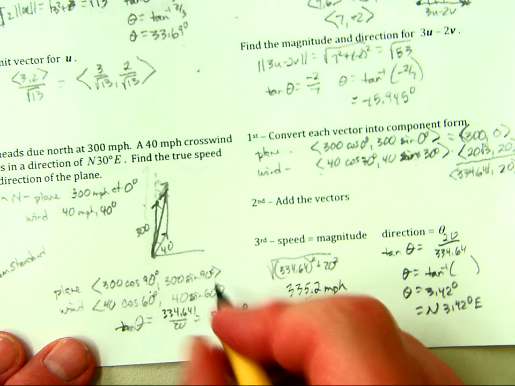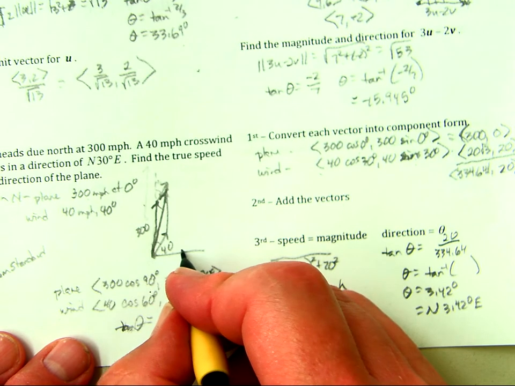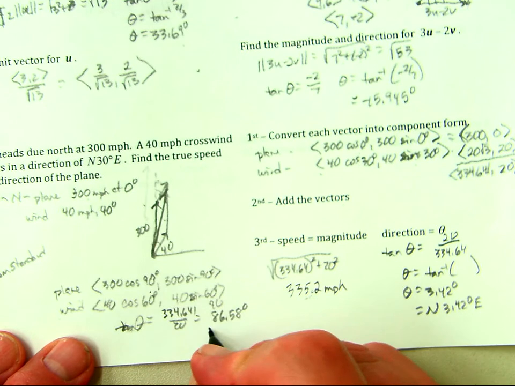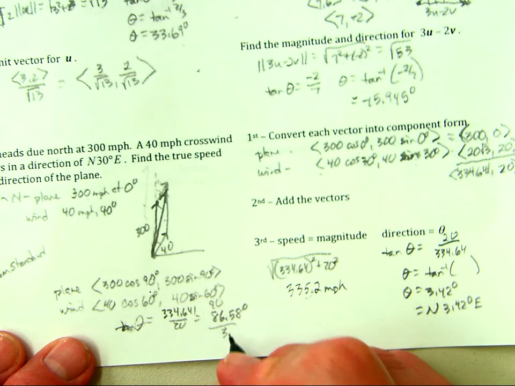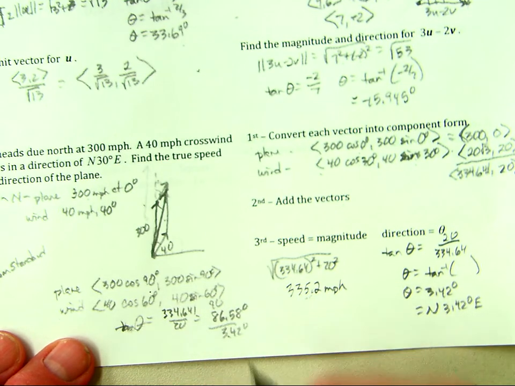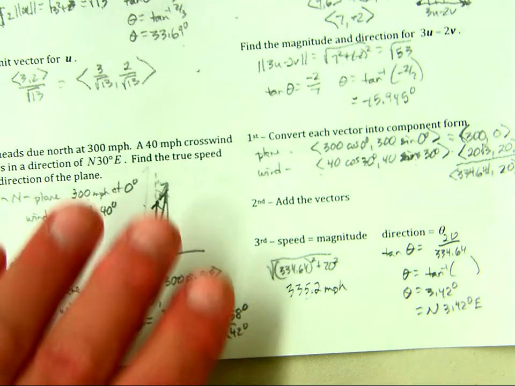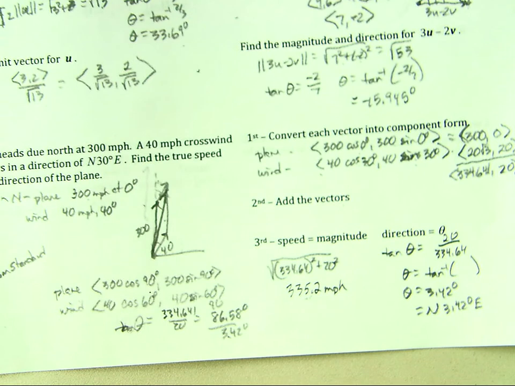Well, remember that's from east. Well, if you went 86.58 degrees, if you subtract that from 90, isn't that 3.42 degrees from north? So it's the same thing, just from a different perspective. But you see them do it that way a lot of times in a book. They'll go from standard position. But either one works.